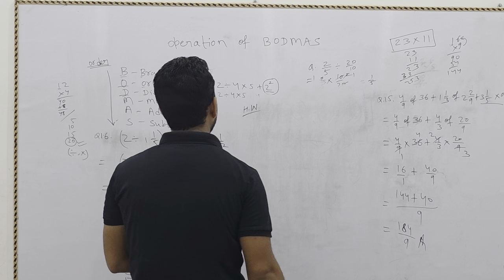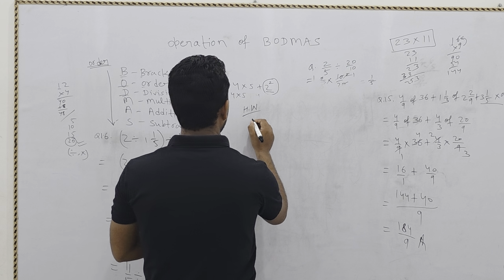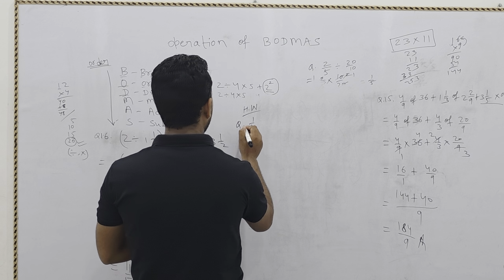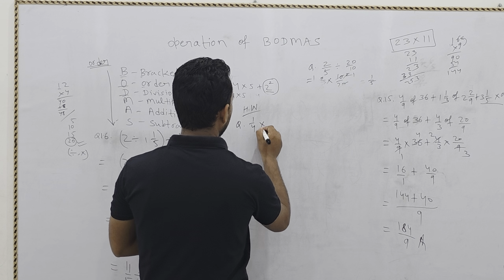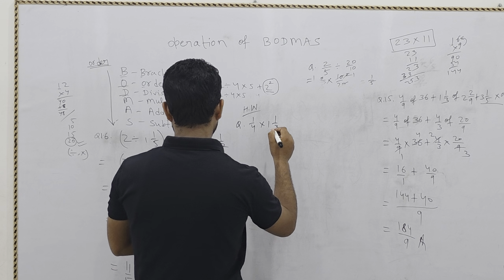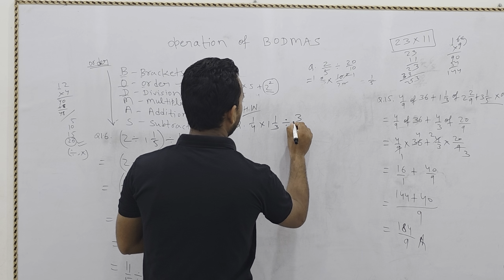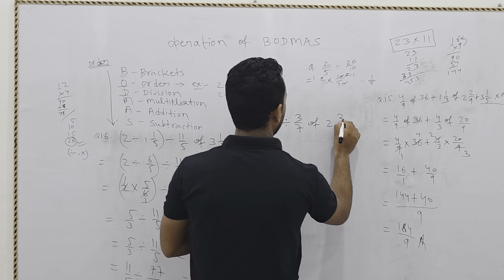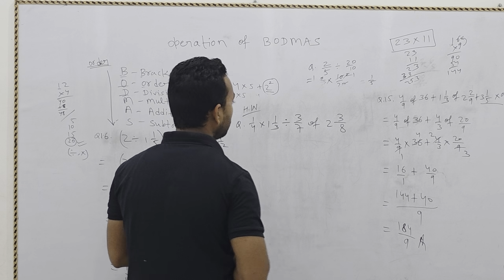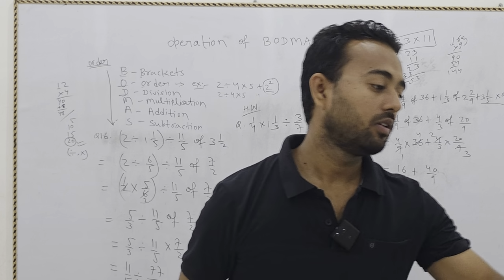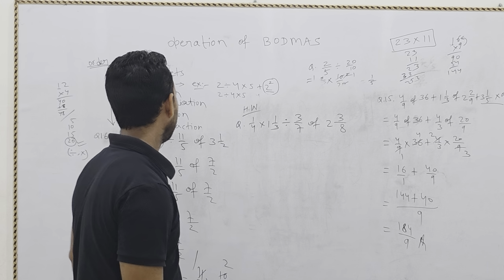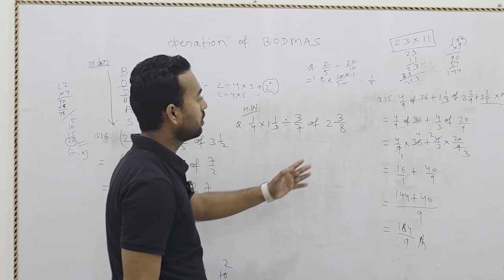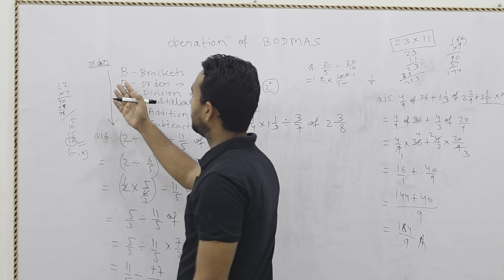HW, that is homework: 1/4 multiply 1/3 divided by 3/7 of 2 3/8. So this will be your homework.